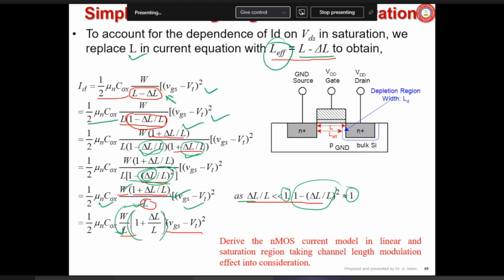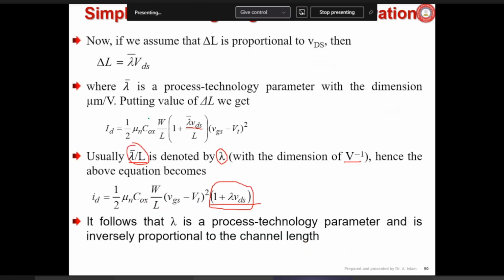Same thing we are manipulating rather. And then if we assume that delta L is proportional to VDS, and it is, we have understood that if we increase the VDS reverse bias, then the depletion layer width increases. So obviously it is that. So delta L can be written as lambda bar into VDS, where lambda bar is the process technology parameter. Your question is being answered here, with the dimension micrometer per volt.